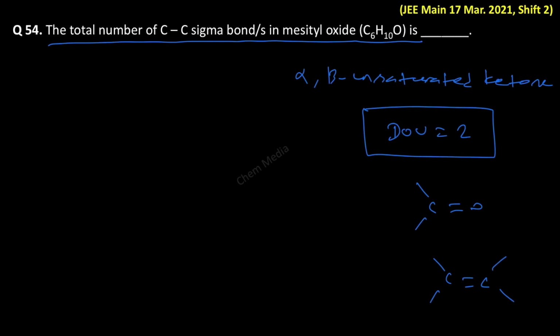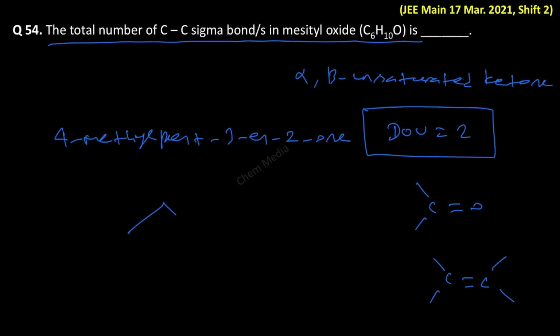What is mesityl oxide? 4-methyl pent-3-en-2-one is mesityl oxide.